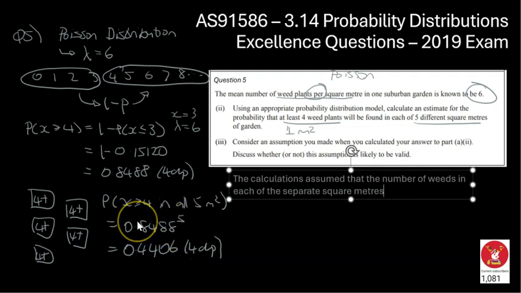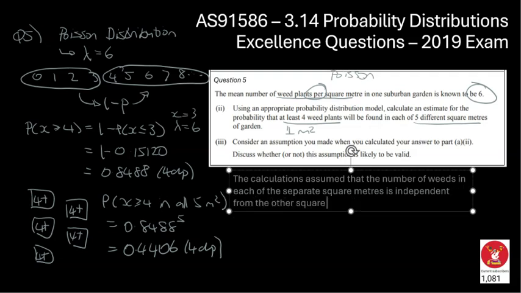By timesing them all together, we've assumed that each square is independent or unimpacted by another square. So that's the assumption we've made. We've assumed that one square is not going to impact the weeds in the next square, so the number of weeds in each of the separate square meters is independent from the other square meters.